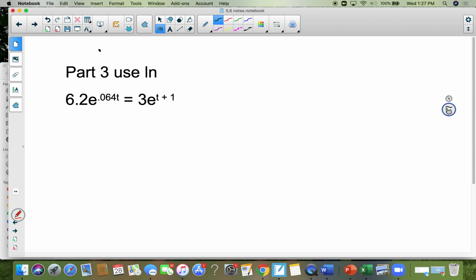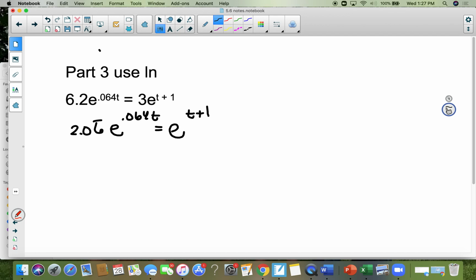You can do the same thing with e. I can divide both sides by 3, and 6.2 divided by 3 is 2.06, repeating. e to the 0.064t equals e to the t plus 1.